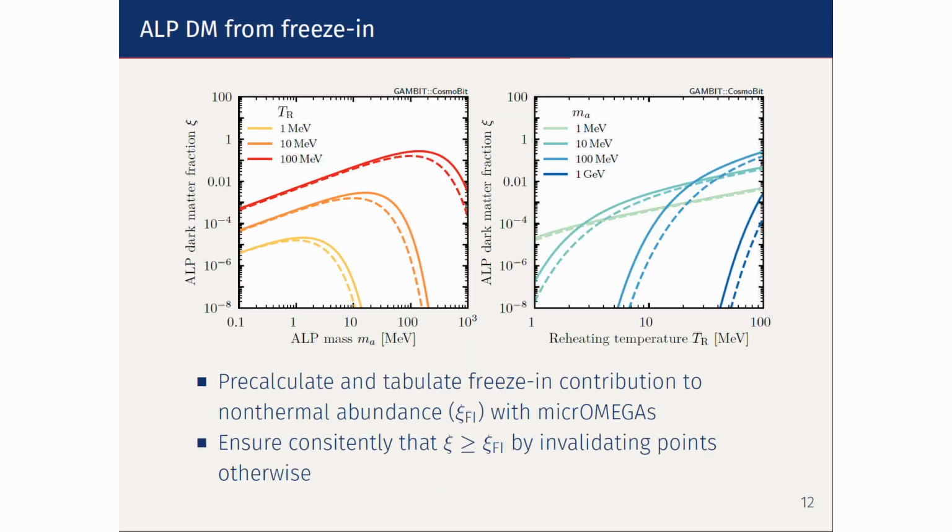So just to say how we calculate the freezing abundance. Here we use micromegas, and on the plot you can see how this changes as a function of mass or reheating temperature. In particular, the solid lines are the results from the micromegas code, and the dashed lines are naive approximations where you add Boltzmann suppression factors, like in the approximate formula that I showed earlier, and you can see that they agree very well.